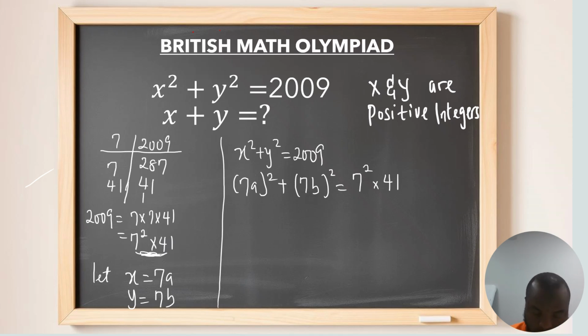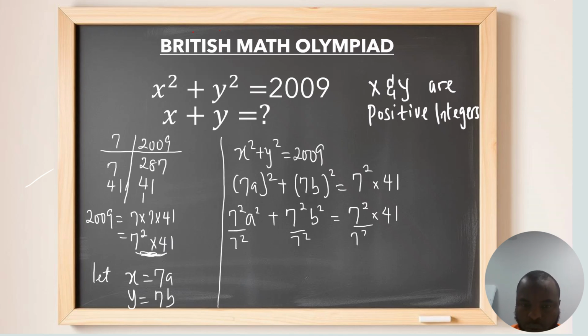Simplifying the parentheses, we have 7 squared times a squared plus 7 squared times b squared equals 7 squared times 41. Dividing through by 7 squared, this equation can be written as a squared plus b squared equals 41.